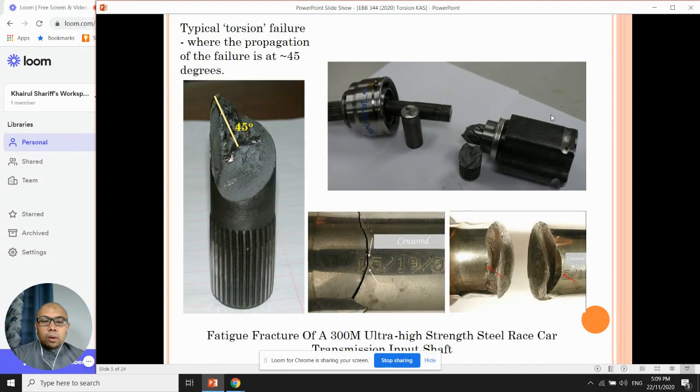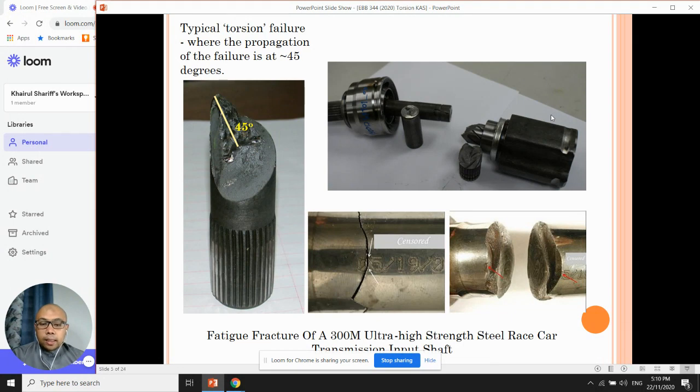Now as I mentioned, when the drive shaft faces the torsion failure, normally for ductile metal, I repeat again, normally for ductile metal, when the torsion failure has been detected and the drive shaft is broken into two, you can see the 45-degree angle of the fracture surface.